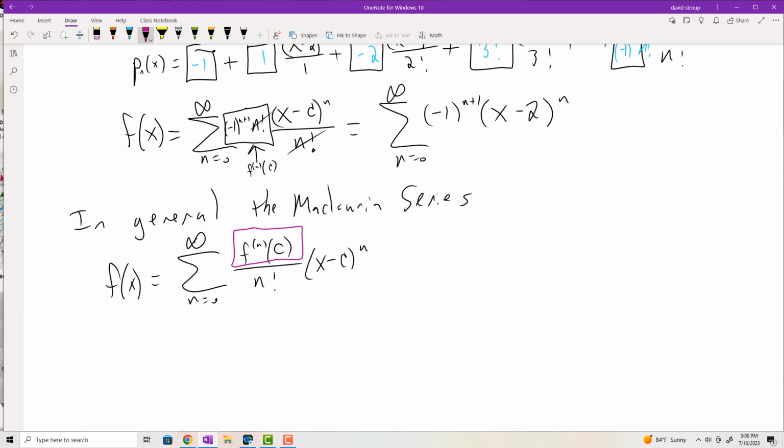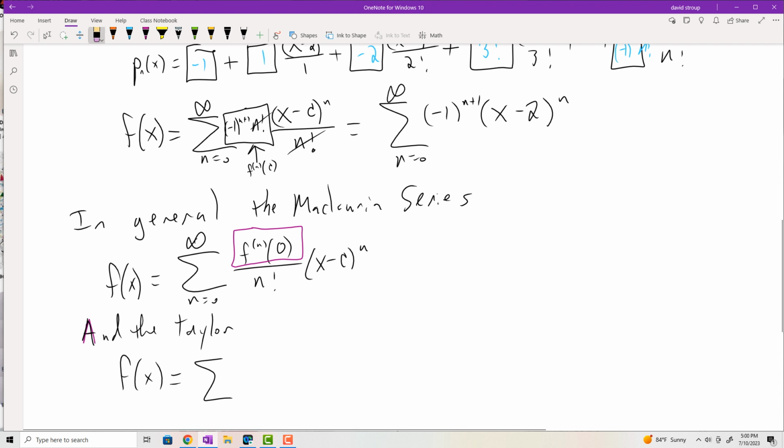So that's the Maclaurin, and then the Taylor is just the shifted version. So that representation, instead of 0, you have c. This is just the Maclaurin version, so the c value is 0. Okay, and then the Taylor, you can put the c in there.